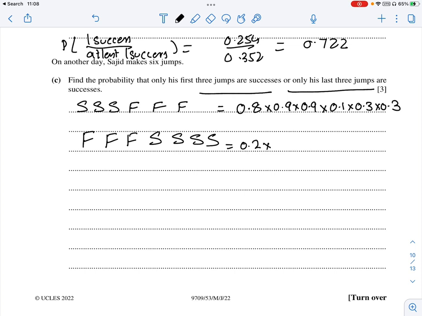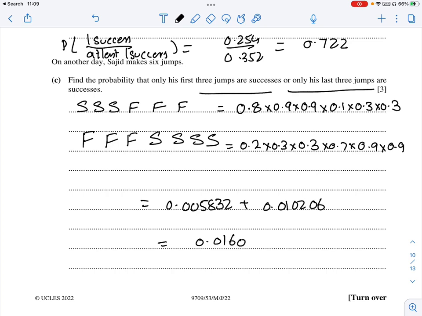Failure followed by failure is 0.3. Failure followed by failure is 0.3. But a success followed by a failure is 0.7. Success followed by success is 0.9. So it becomes 0.005832 plus 0.010206. Simplify that, 0.0160.